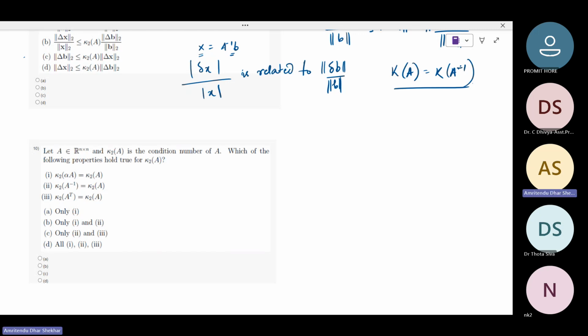So this is about the properties of the condition number.